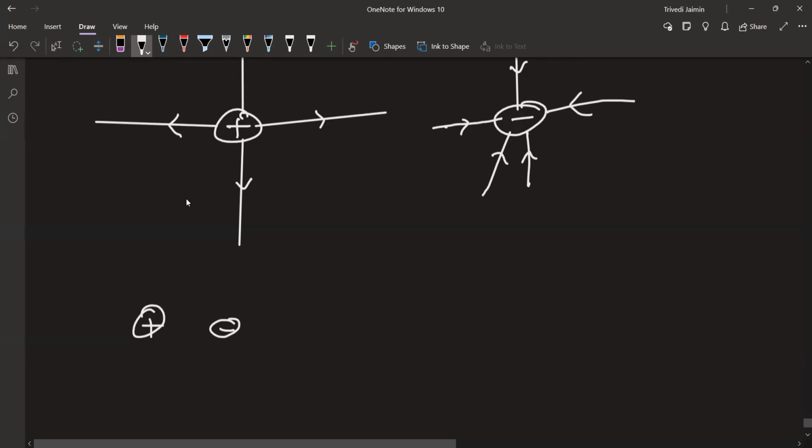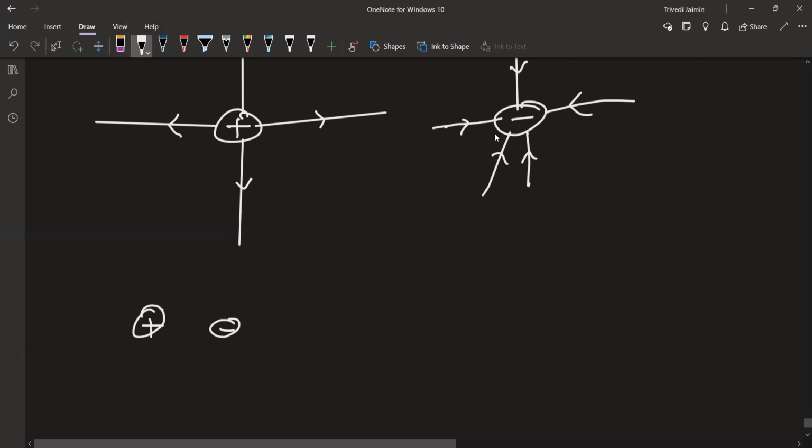Johan? Yes, sir. Drawing it. Now asking, are you drawing? No, I actually didn't get how to draw those diagrams. Okay, then let me draw it.